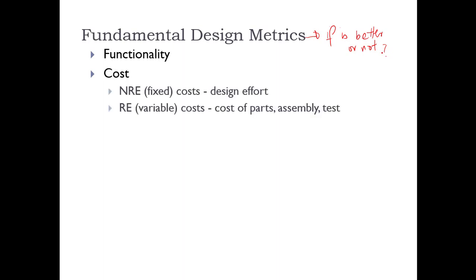Okay, the second design metric is the cost. So whatever you want to design, it should be at a cost that the consumer should be able to buy it. So in VLSI design there are two main costs.